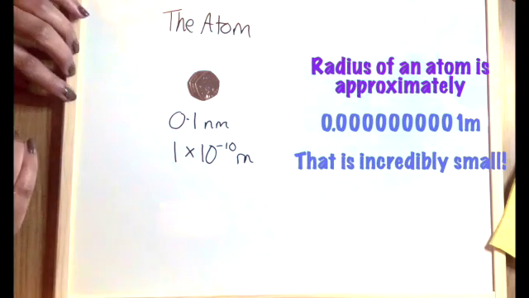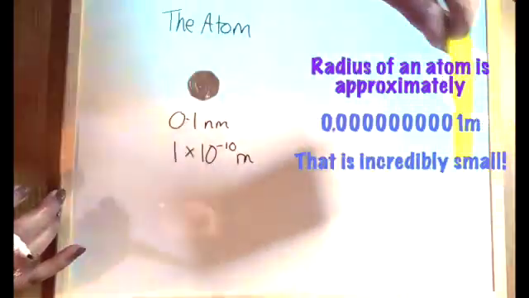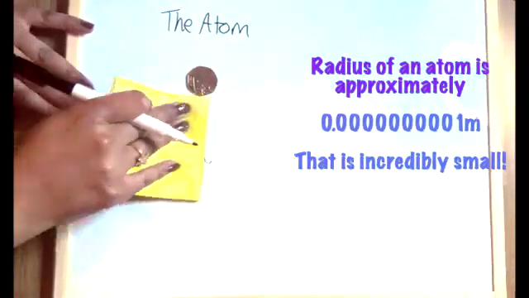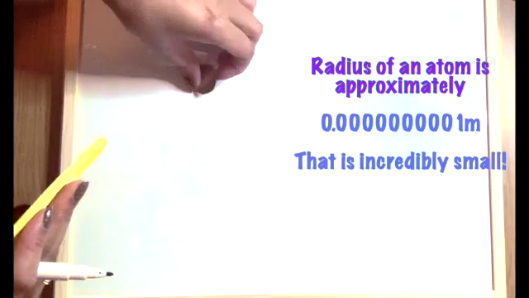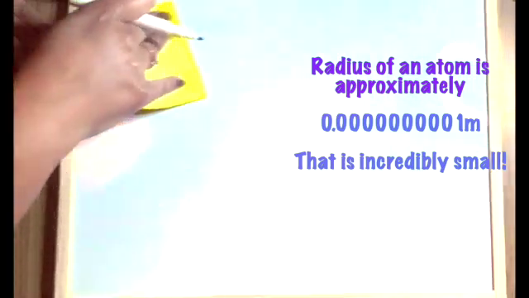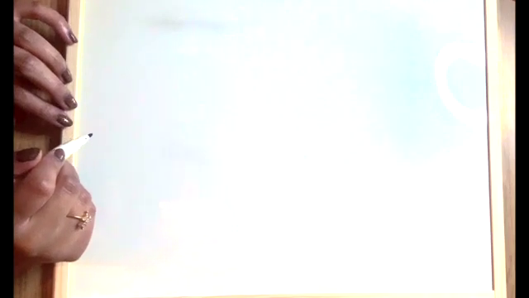Now, when we think about an atom, there are different parts of the atom that it is important for us to know about. These different parts of the atom are called subatomic particles.